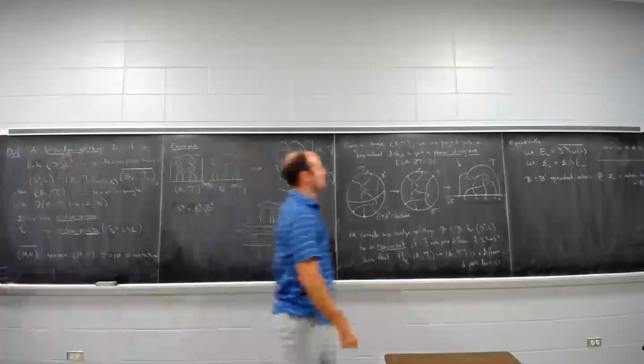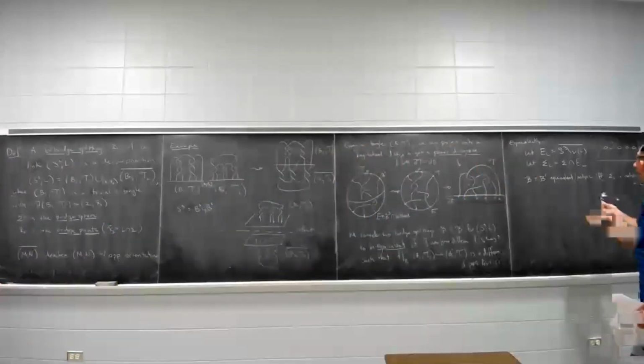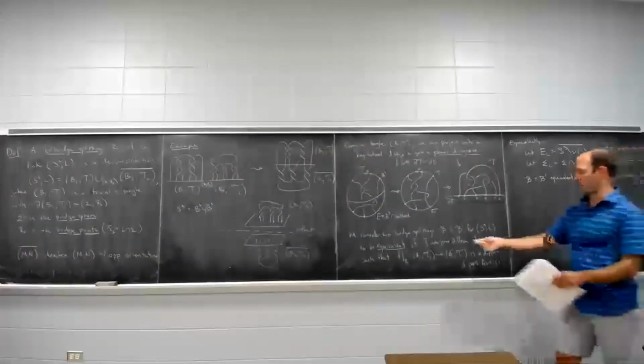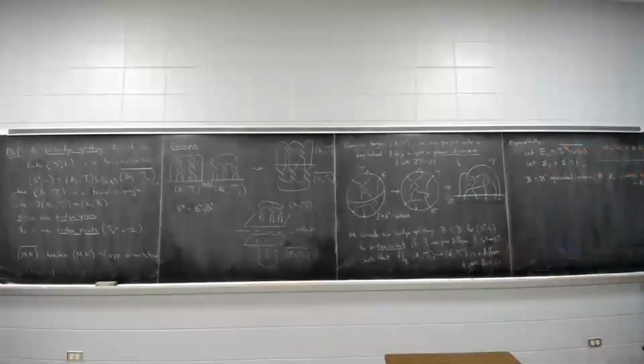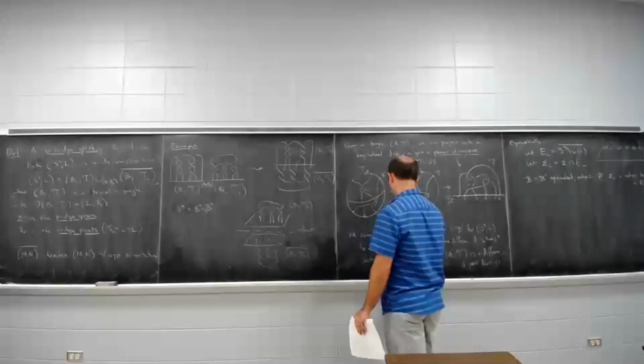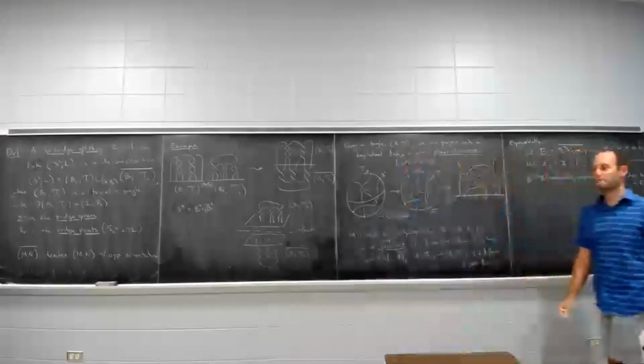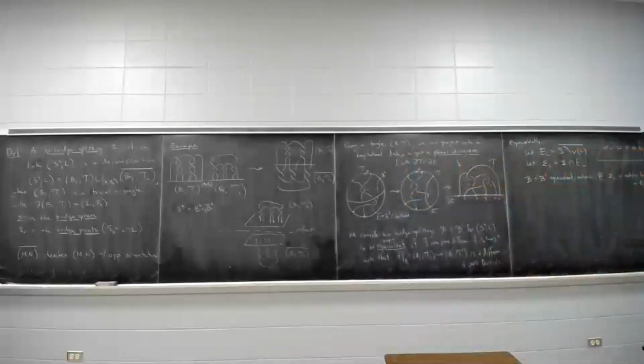Yeah, so in particular, two equivalent bridge splittings have to have the same number of bridge points, right? They have to have the same value b in order to be considered equivalent.